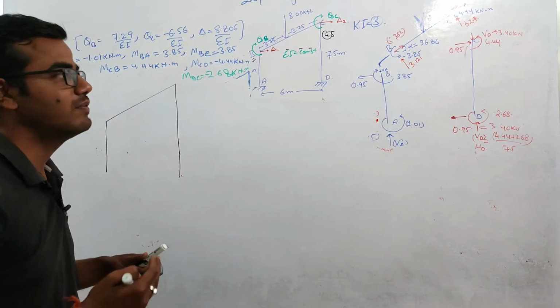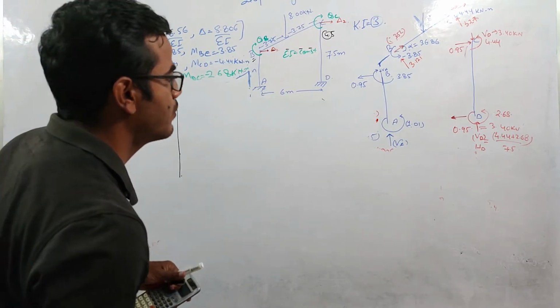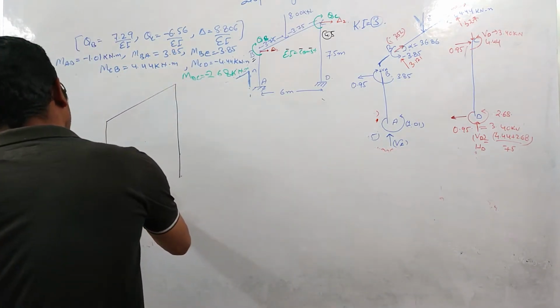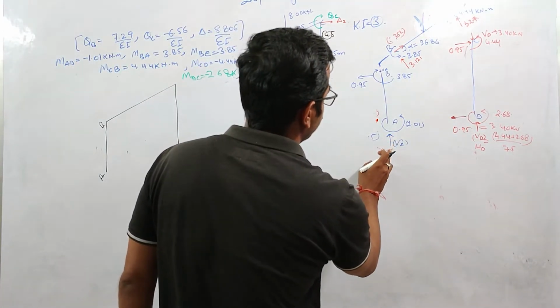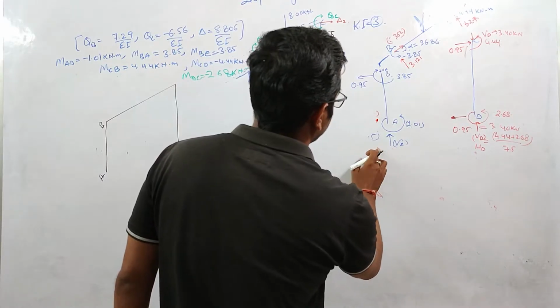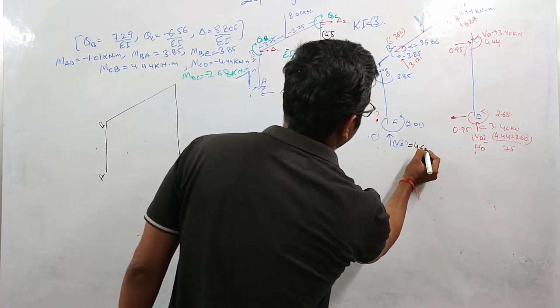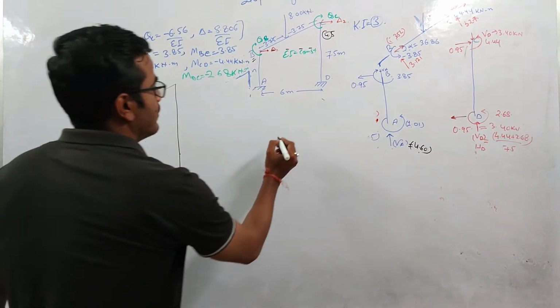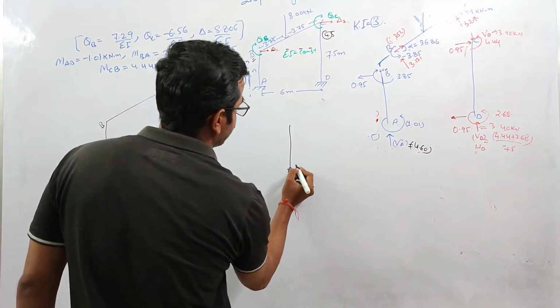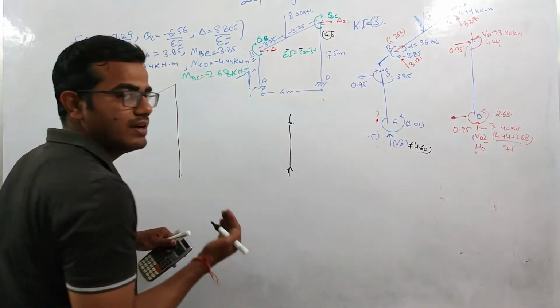In axial force diagram, we'll show only the axial forces in the member. Let us first consider this AB member. In AB member, there is axial force VA, which we have calculated is 4.60, right? And this is the member. One force is acting like this, one force is acting like this, so it will be in compression.